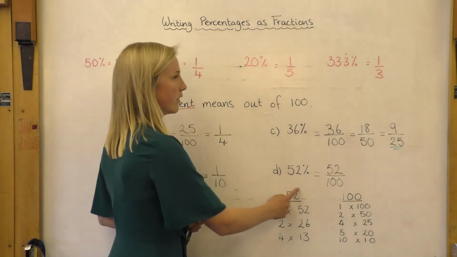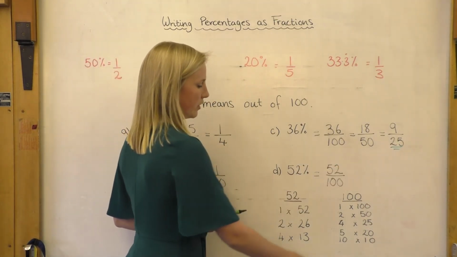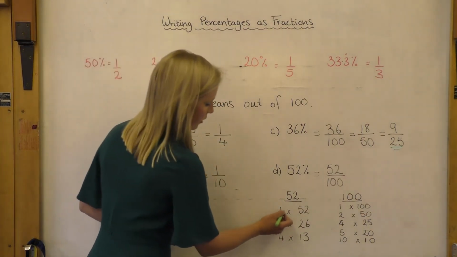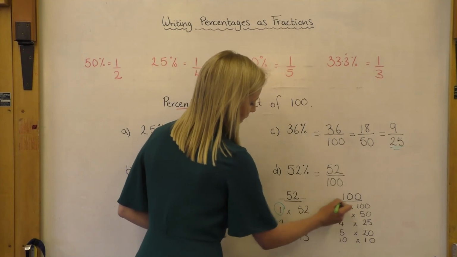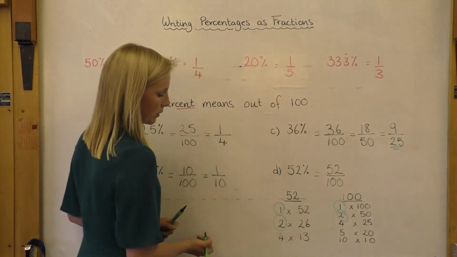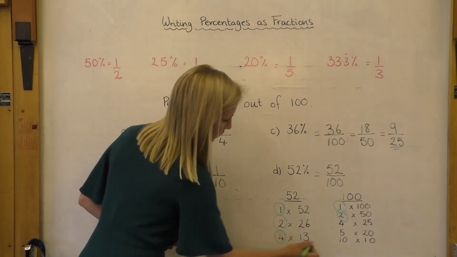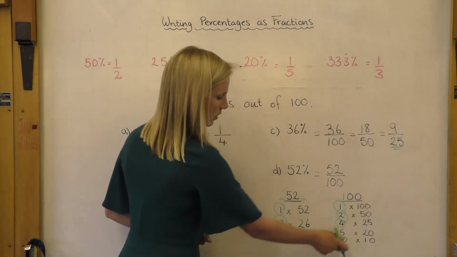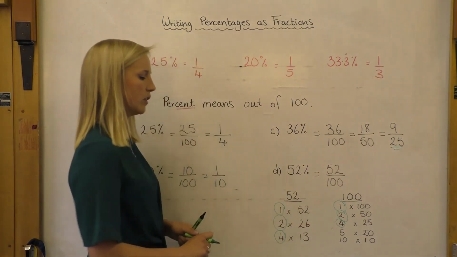You can see that I've already written out my factors of 52 and my factors of 100. The next step I need to do is I need to figure out which is the highest factor. Well, you can see that 1 and 2 are common to both, that 4 is common to both, there's no 13 in there, there's no 26, and there's no 52.